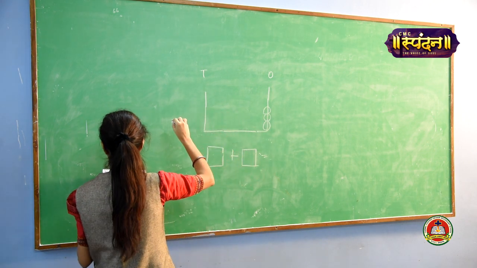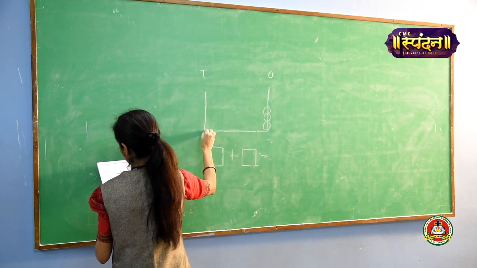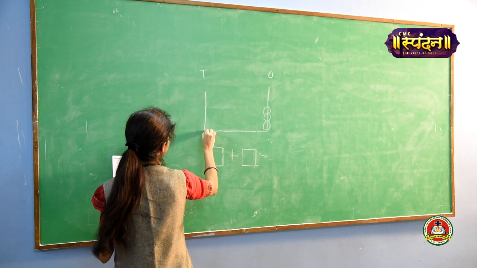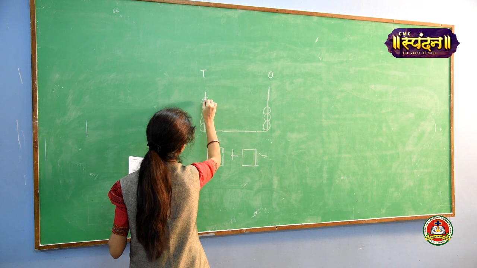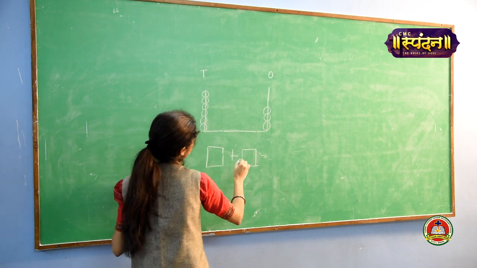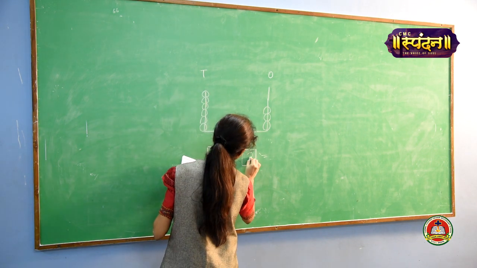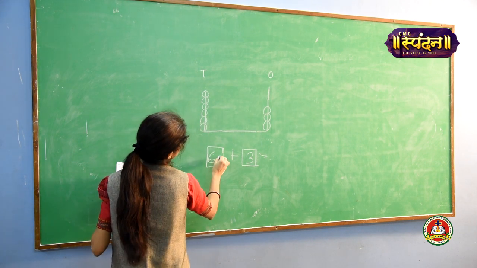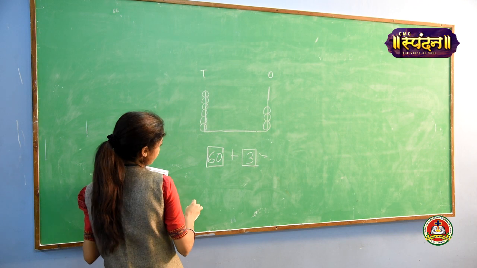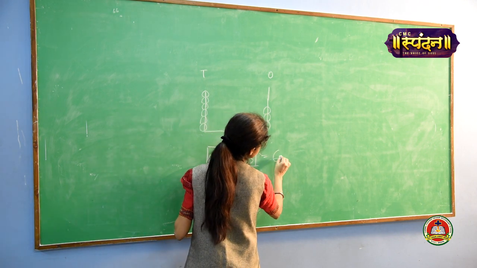And here, how many beads? 6. 1, 2, 3, 4, 5, 6. So we are going to write number 3 over here, and we are going to write 6. It means a group of 6 tens, that is 60, and when we add up we will get 63.